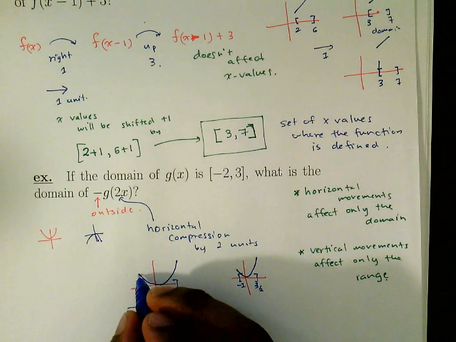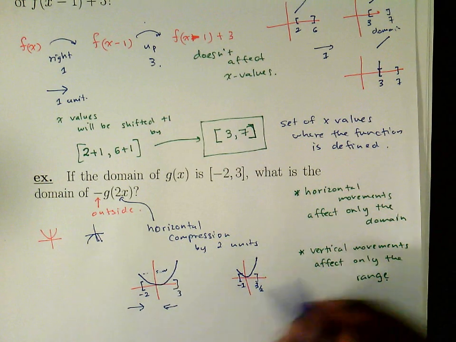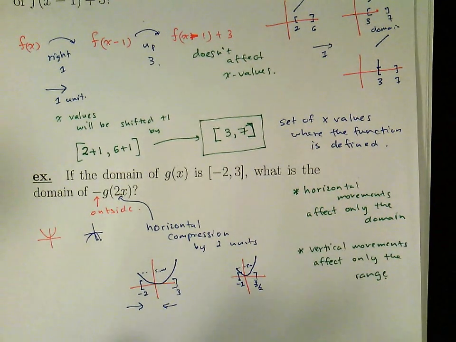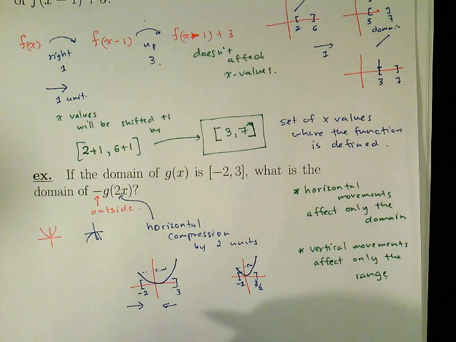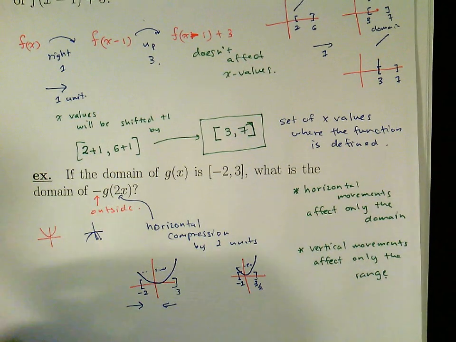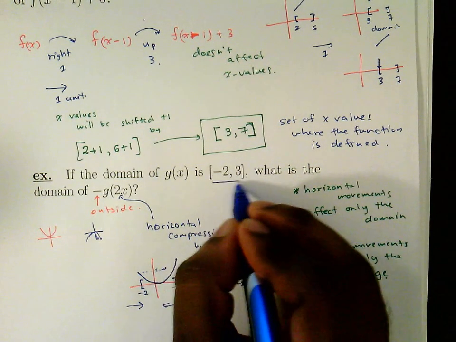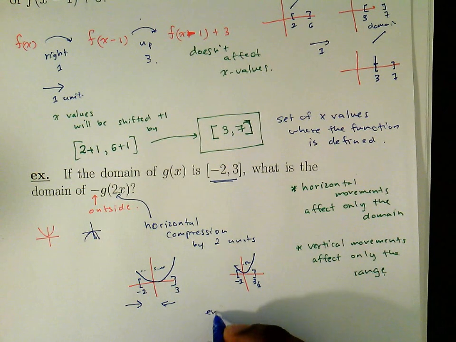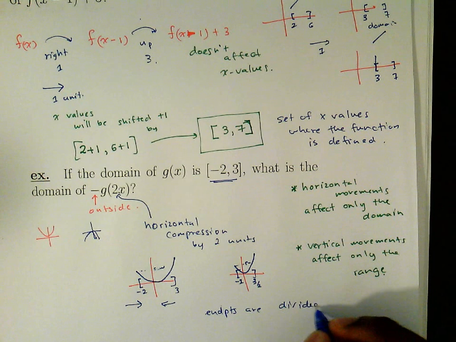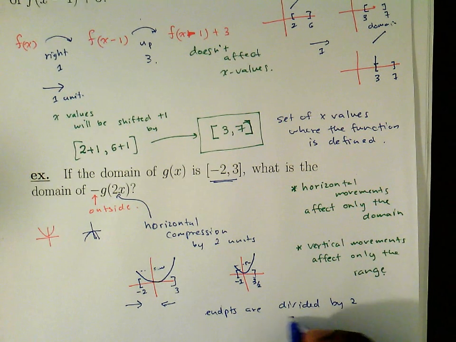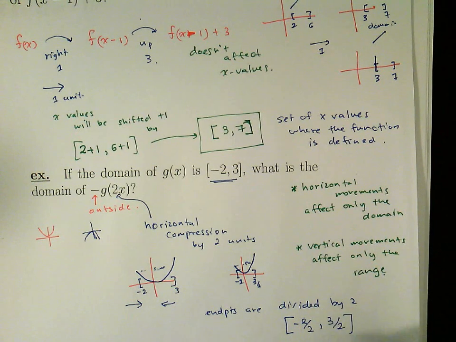So these numbers would remain the same, but it would just shrink like that. Which means my domain, just the endpoints, is divided by 2. So the new domain would be negative 2/2, 3/2, which is negative 1, 3/2.